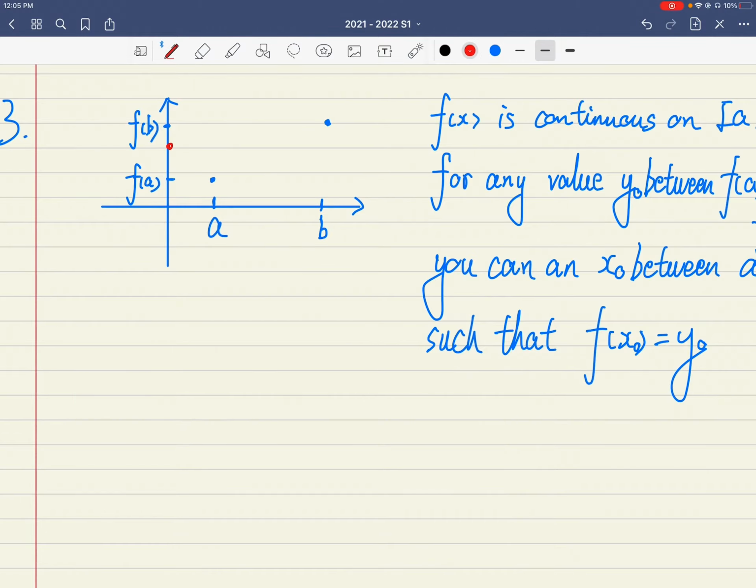Then no matter how you draw this function, you can always find an x. So let's say y0 is here, then you can always find an x between A and B such that f(x) is y0, no matter how you draw this curve.